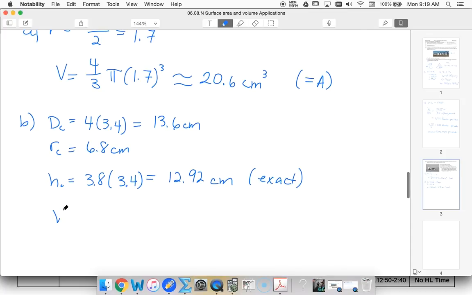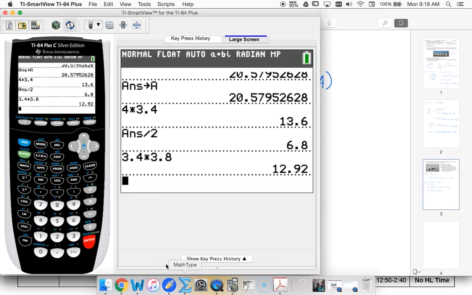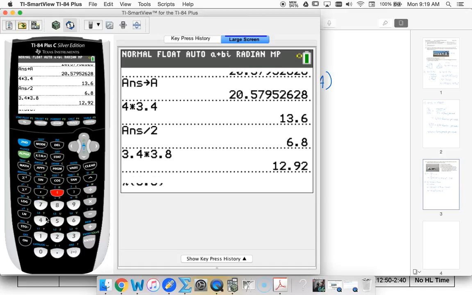Now I can find the volume of the cylinder. Volume of a cylinder is pi r squared h. And now I'm going to round. So let's put that in. So pi r squared times my h, which was the 12.92.